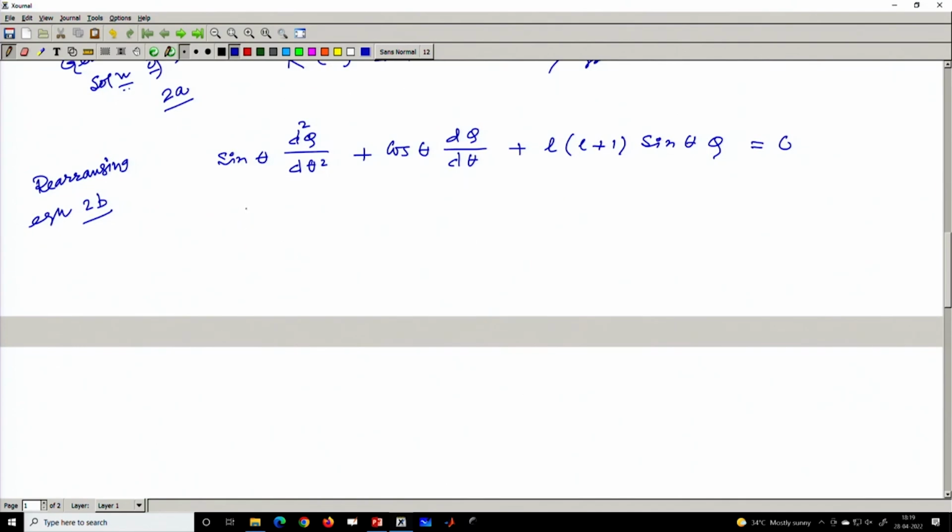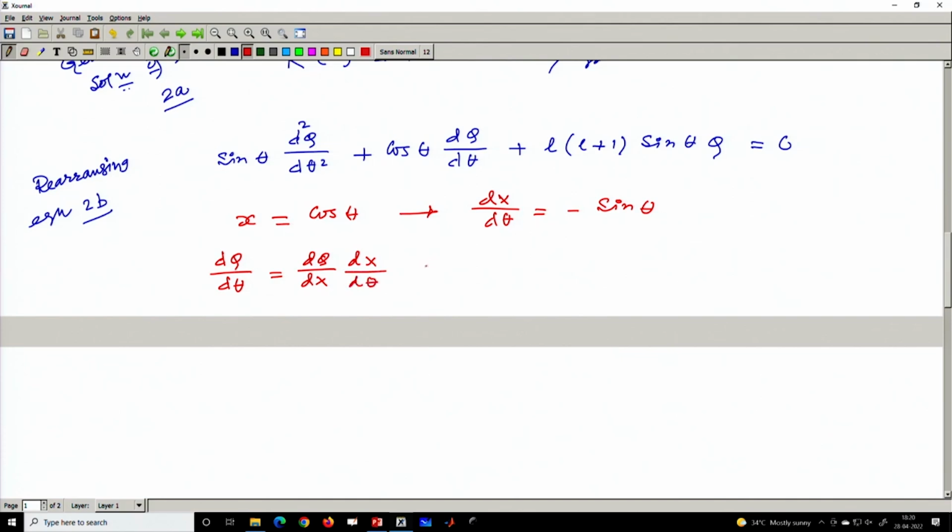Well, now let us take x equal to cos theta. Then that leads to dx d theta as minus of sin theta, and dq d theta by using the chain rule will simply become dq dx and dx d theta.